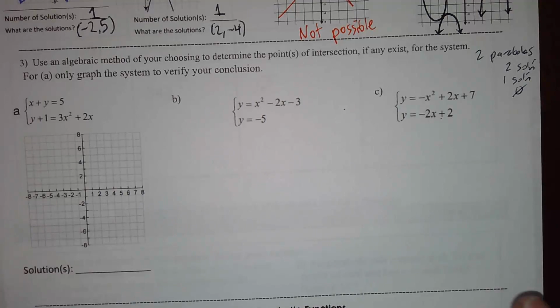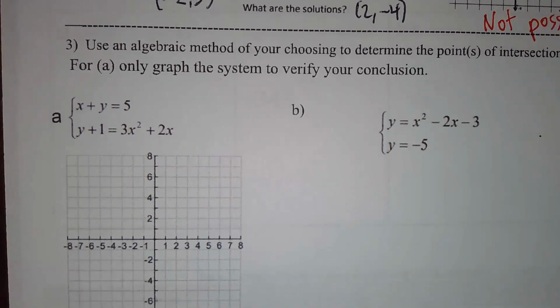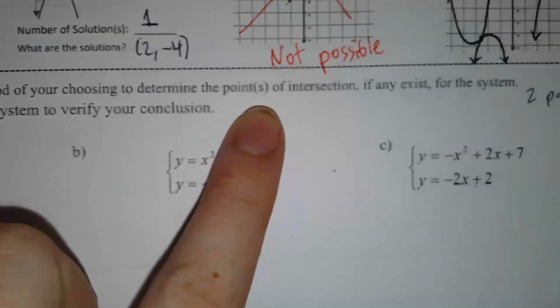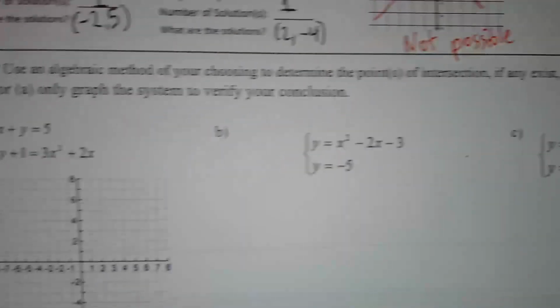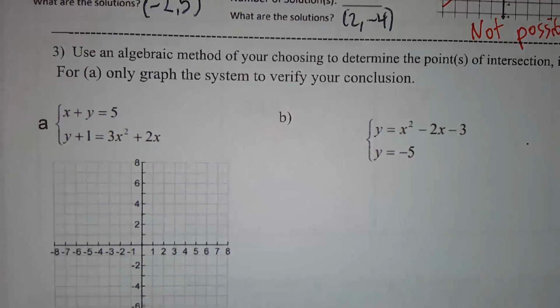So let's start off with number 3. Use an algebraic method to determine the points of intersection, if any exist, for the system. And for letter A, we have to graph the system to verify our conclusion.